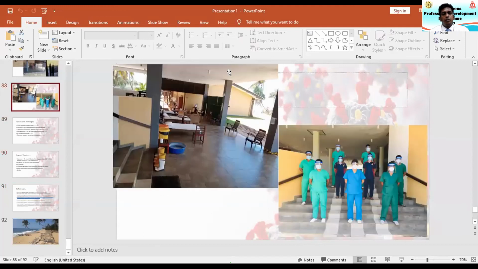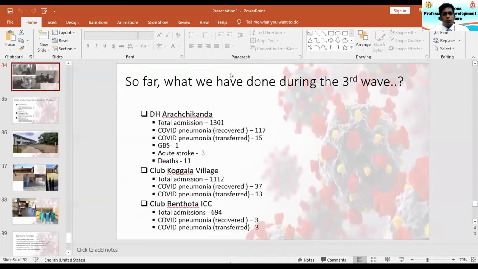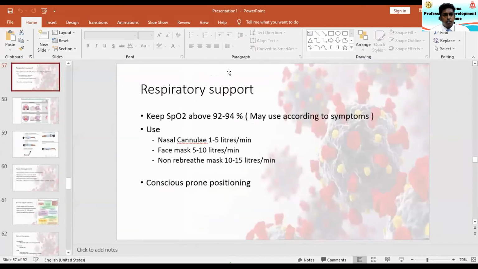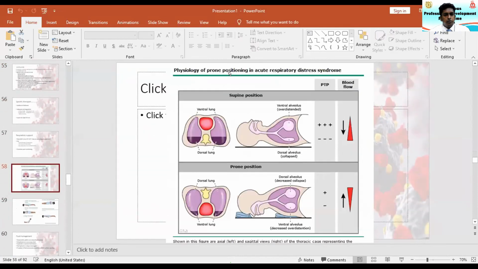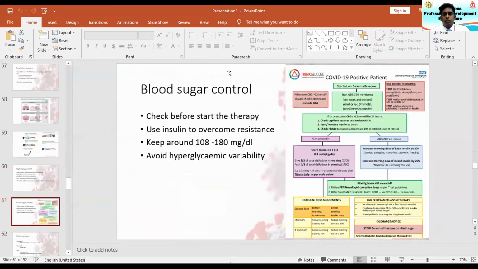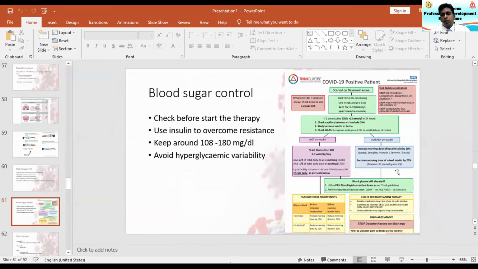Last question, sir. How to manage the steroid usage and blood sugar levels in diabetic and non-diabetic patients? So I'll go back to my slide again. I think I have a slide with that. Right, this is actually from the NHS guidelines.